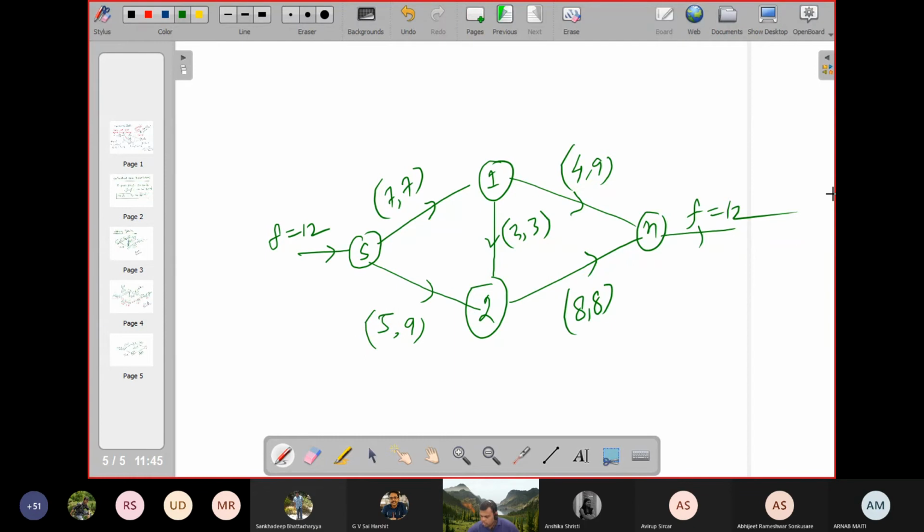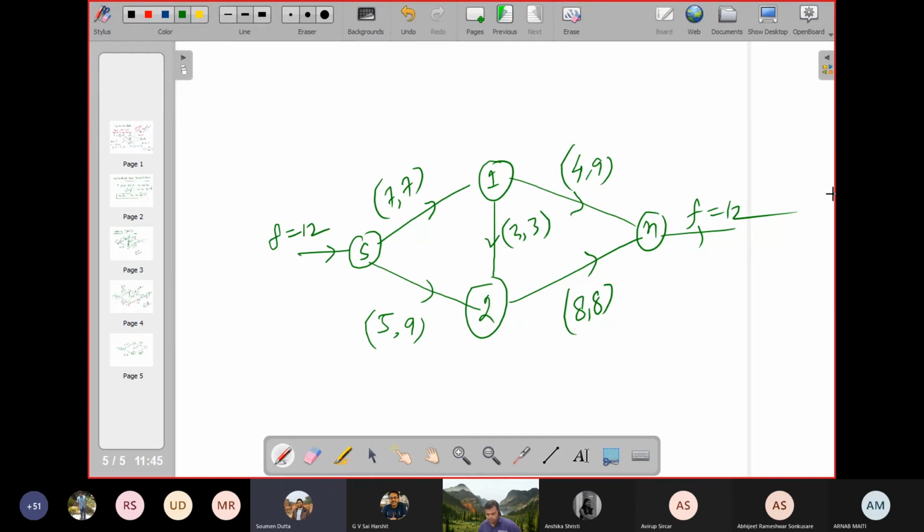Now tell me, can I even increase the F of 12, or have we exhausted all the options? We can still increase. Why? How? First we take a flow from S to 2, and then we can reduce the flow from this 1 to 2 edge.